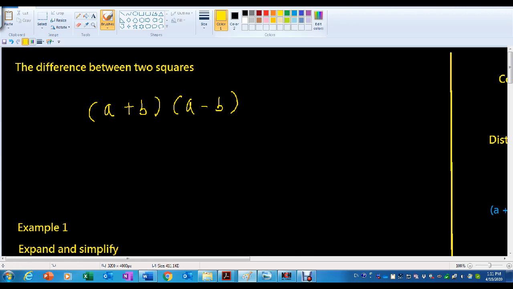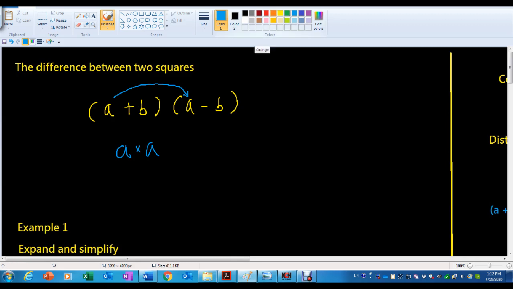Let's use FOIL. Still remember FOIL? F for first, so we have a squared, a times a as our first term.